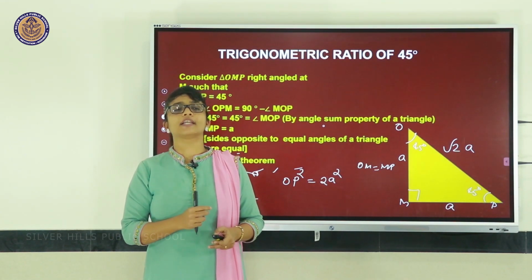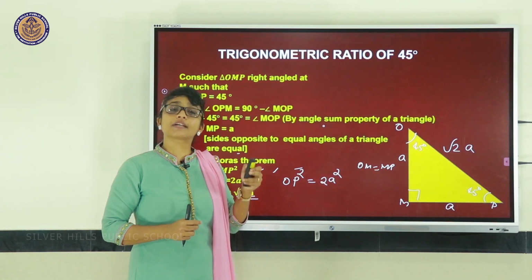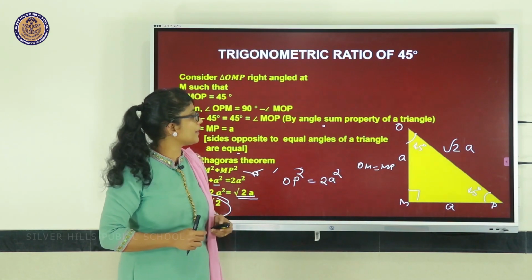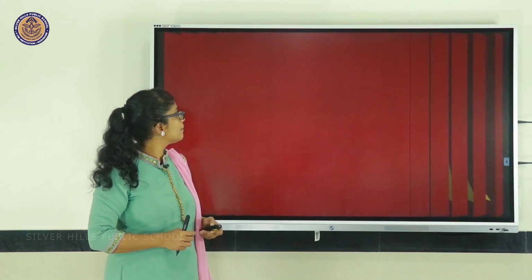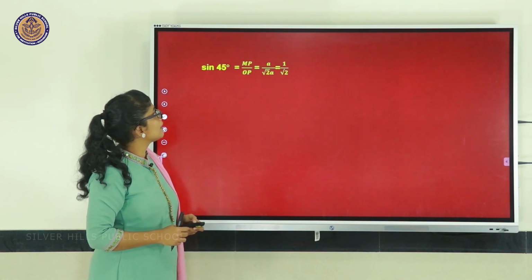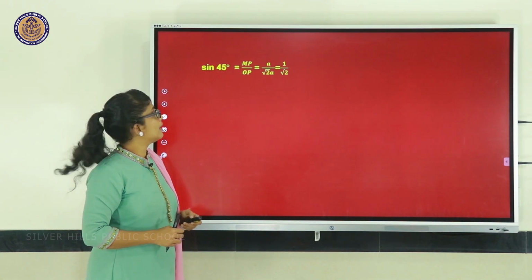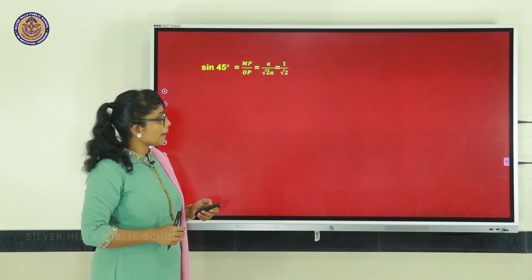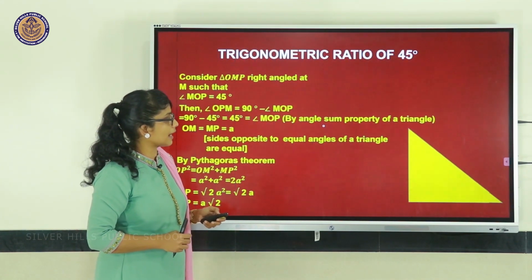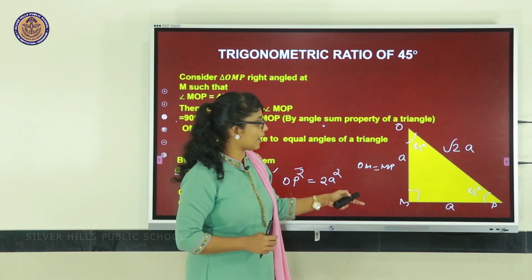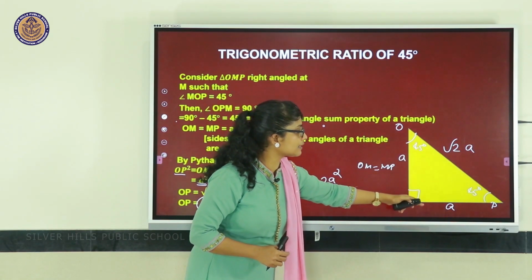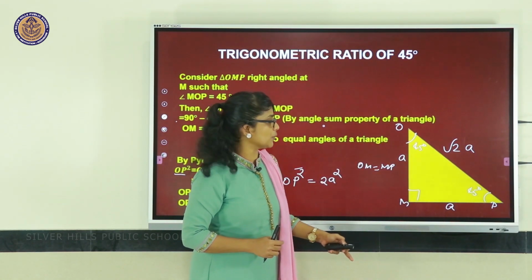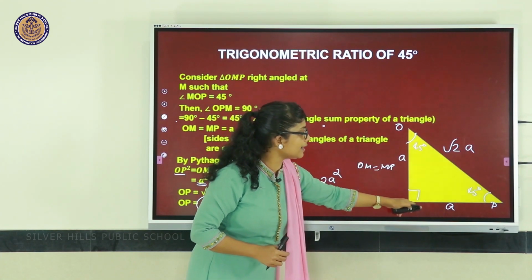Now let's check what the 6 trigonometric ratios of 45 degree are. Sin 45, based on this right angle triangle, is opposite to angle theta by hypotenuse. What is the opposite to angle theta?